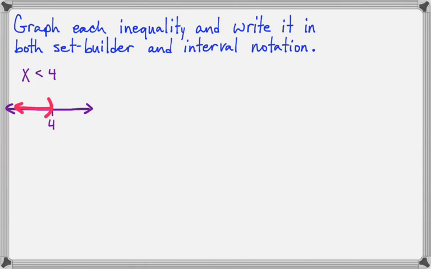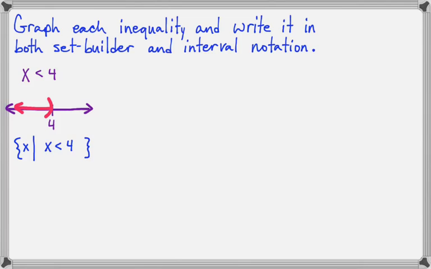But now let's look at set builder notation. Set builder notation is very simple. First, it starts out with a set of curly braces, and then it puts the variable in question here, and then it just puts the inequality.